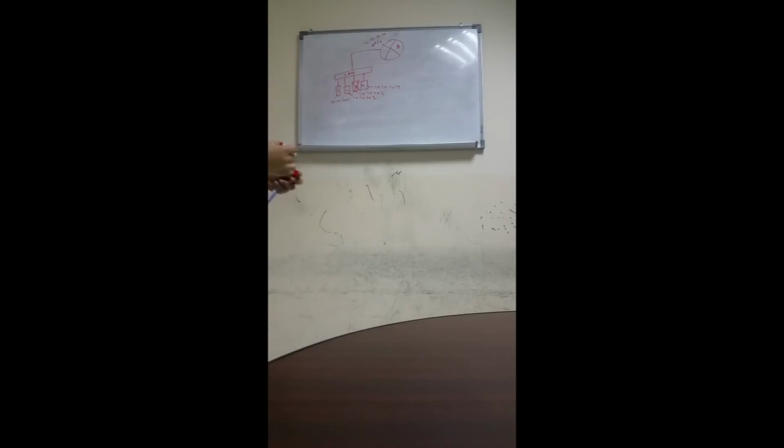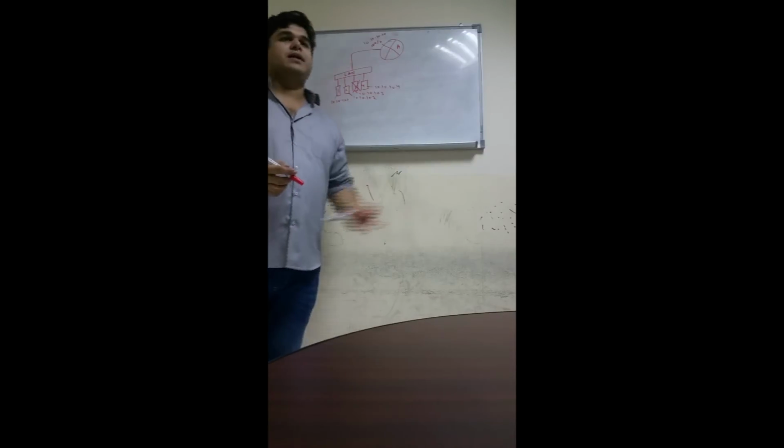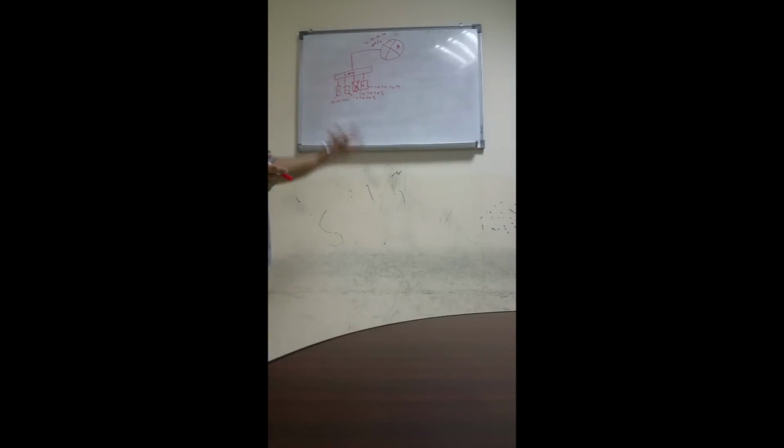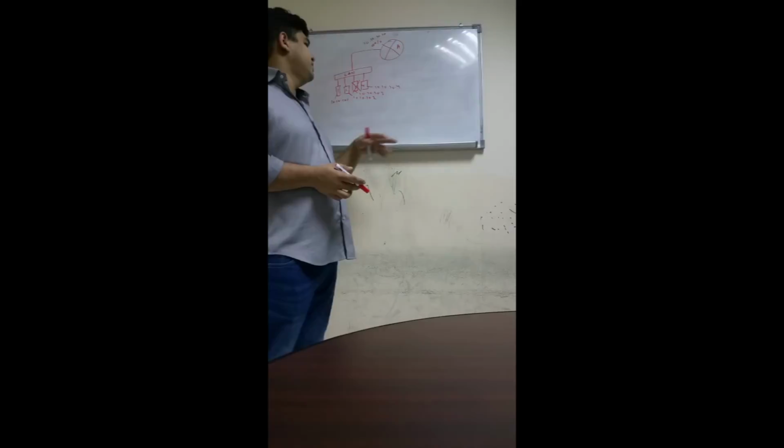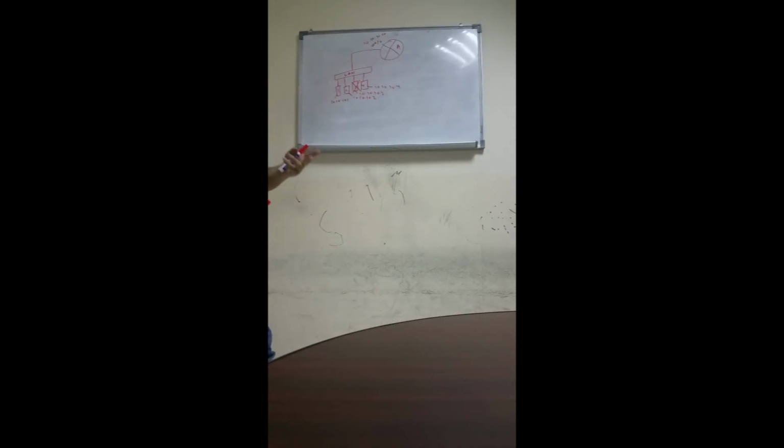Suppose, for example, you want to block PC number 3. You don't want to allow PC number 3 to access the router, because maybe the router is connected with the outside world, with the internet or the WAN or whatever. But you want to allow all the other computers, and block only PC number 3, which has the IP address 10.10.10.3.